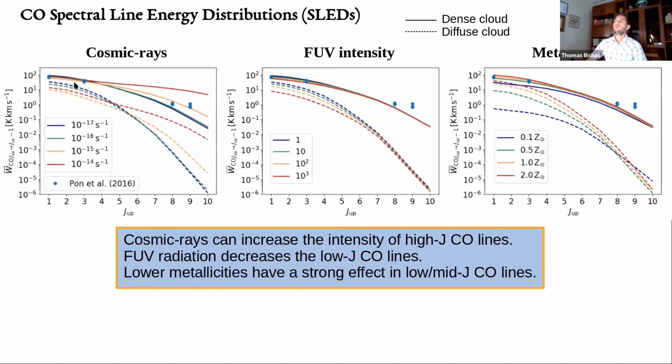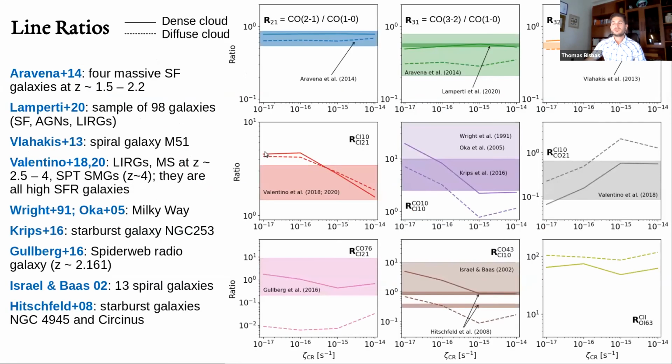But the interesting thing is that the high-J CO lines appear to increase only when we increase the cosmic ionization rates, which is also quite interesting when we study extragalactic ISM, because the high-J CO lines can tell us a lot of things regarding the ISM conditions. We examine also different line ratios.